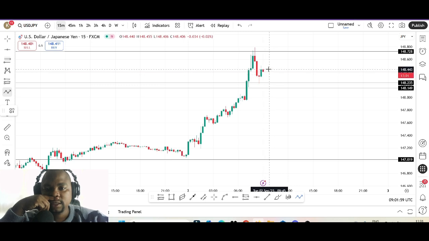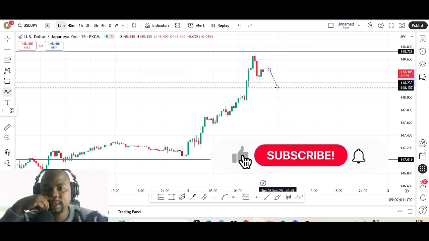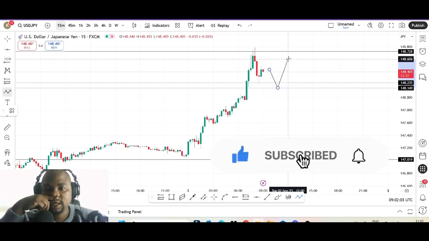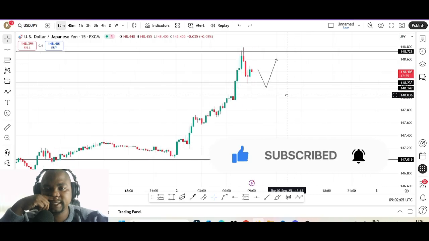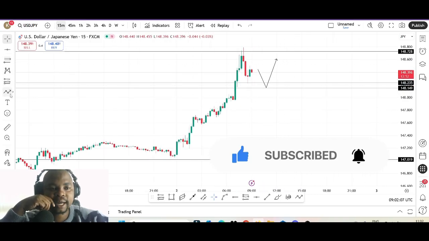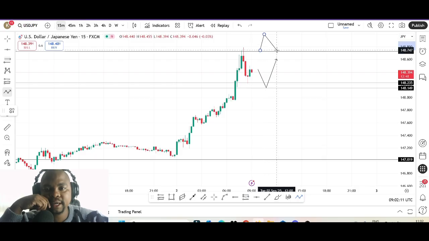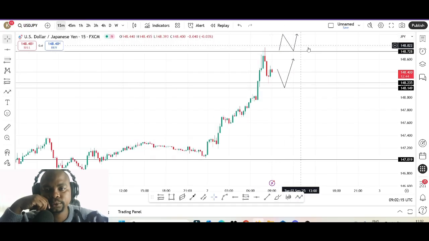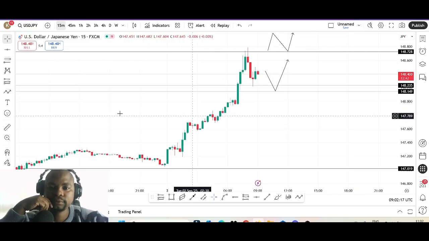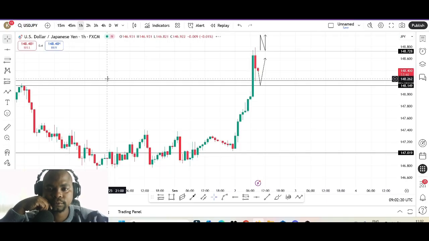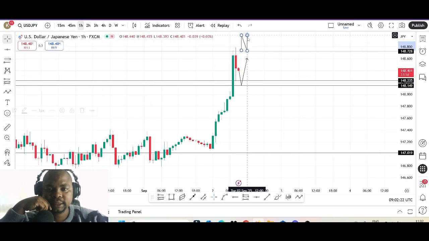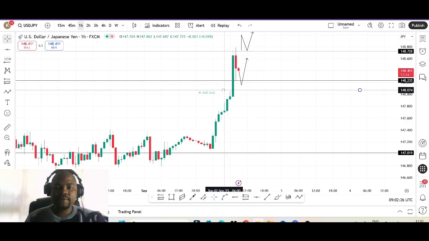The moment we come here, I'm expecting us to continue buying like this. The moment we break above here, and then we come back and test, I'm expecting us to continue buying like that. So that is what I'm having on USDJPY.